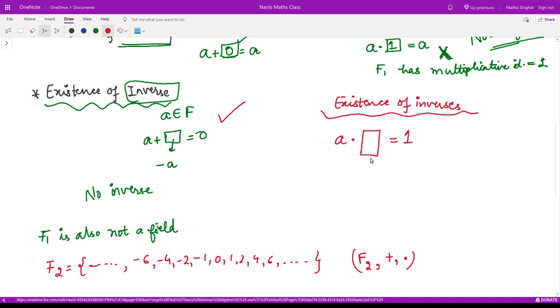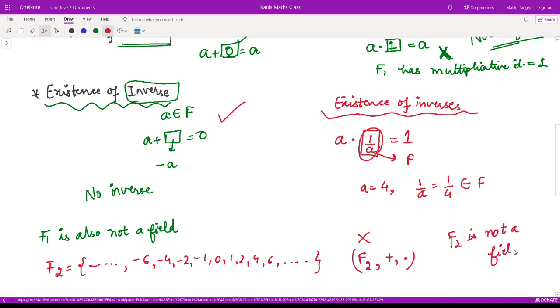So what should I write over here? I should write 1 upon A. So this 1 upon A should be there in our set F. But is it so? If I take the number A to be 4, then 1 upon 4 should be there in F. But this is not the case. So F2 is not a field, right?